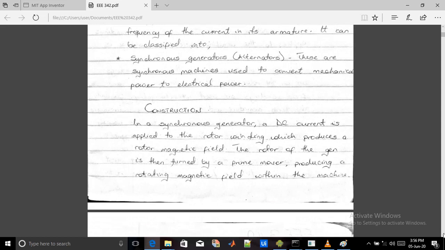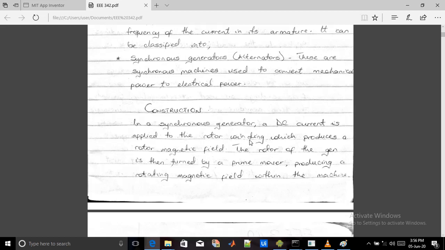So now the construction: in a synchronous generator, a DC current is applied to the rotor winding, which produces a rotating magnetic field. The rotor of the generator is then turned by a prime mover. Like I said the other time, a rotor is the rotating part of the generator.